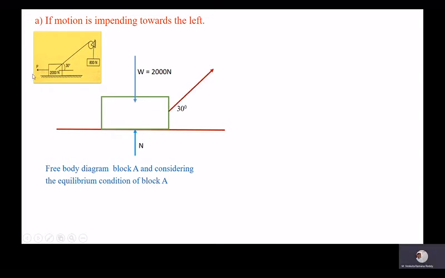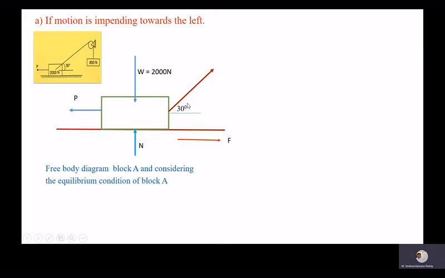P is the applied force, which is horizontal, and tension is 800 newtons, making an angle of 30 degrees to the horizontal. Because the motion is about to start towards left, the frictional force acts in the rightward direction.